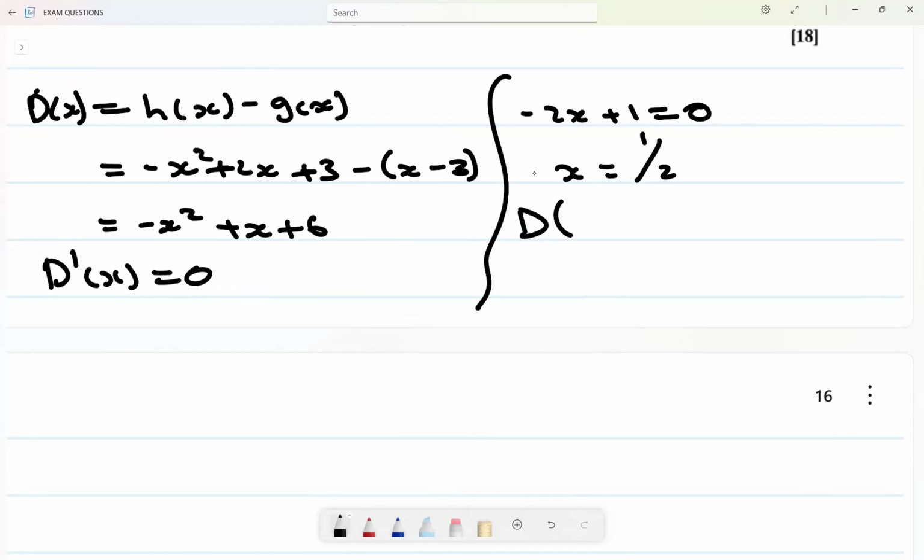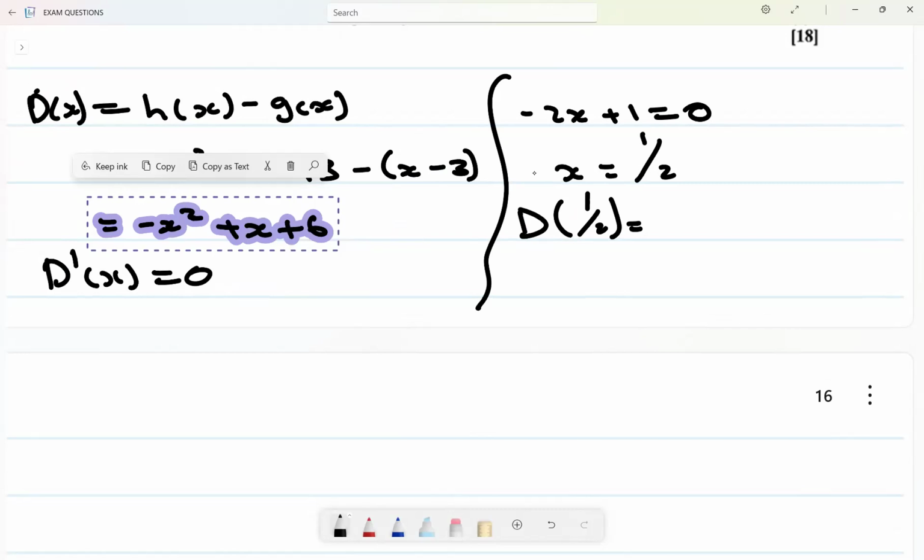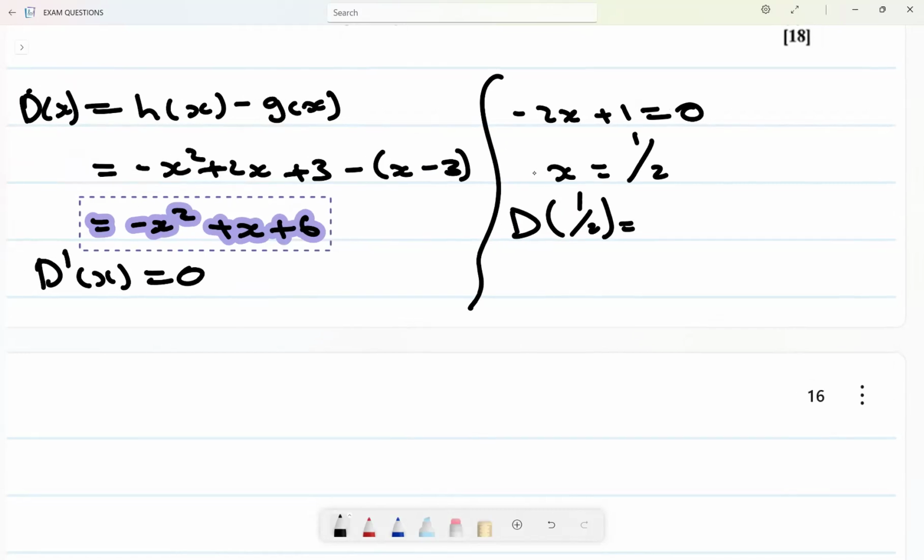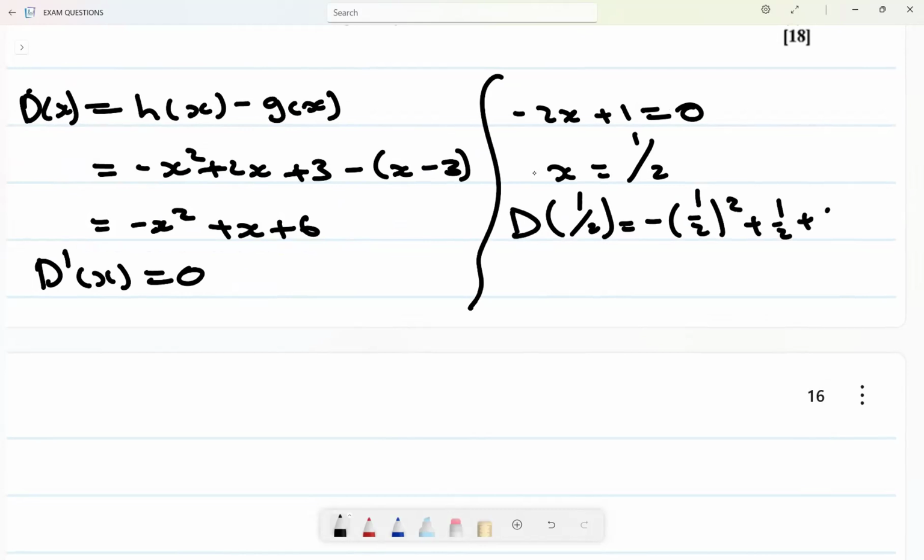Distance when x is equal to half, you just substitute into this equation. That is negative half squared plus half plus 6, which is negative 1 divided by 4 plus 0.5 plus 6. And then you get a distance equal to 25.4 units.